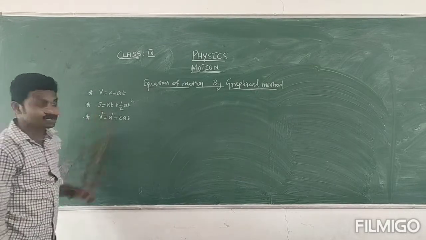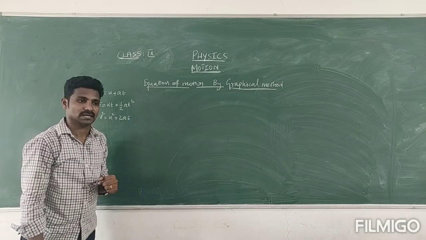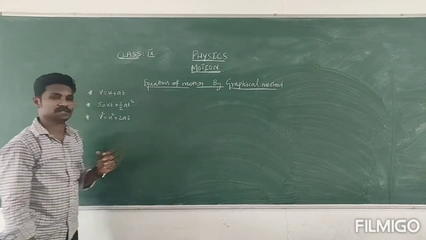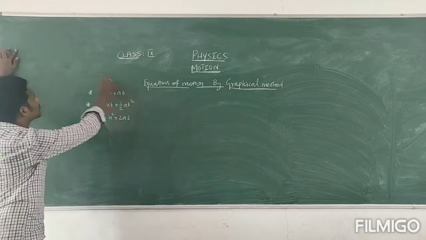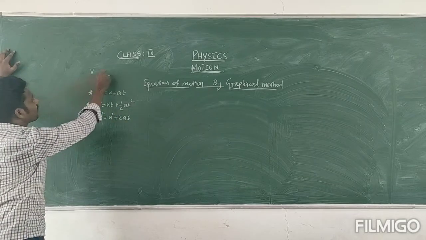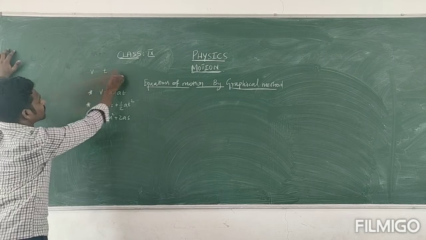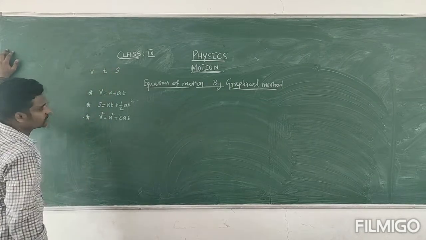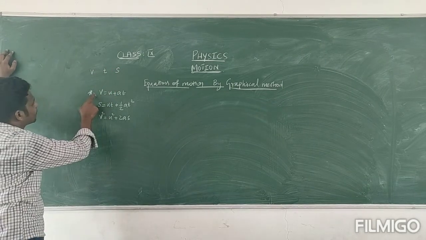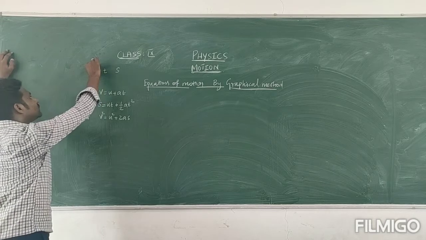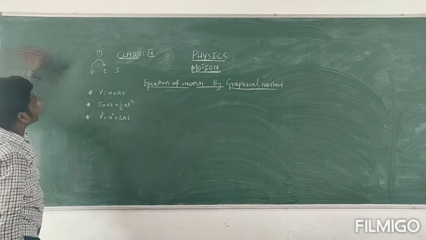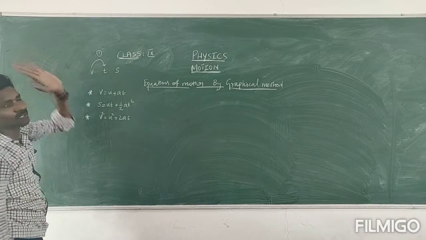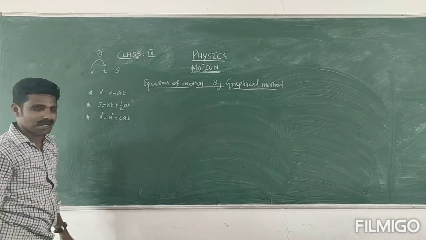If you observe these three equations, something special is there in each. Here the variables involved are velocity, time and position. The first equation gives a relationship between velocity and time, that is V equal to U plus AT.